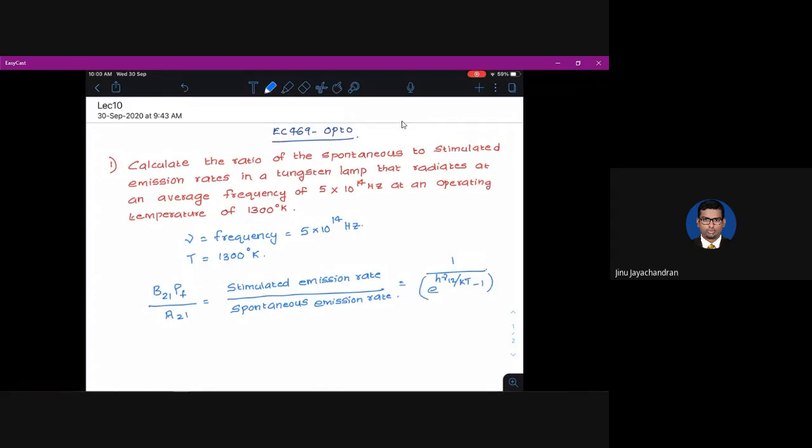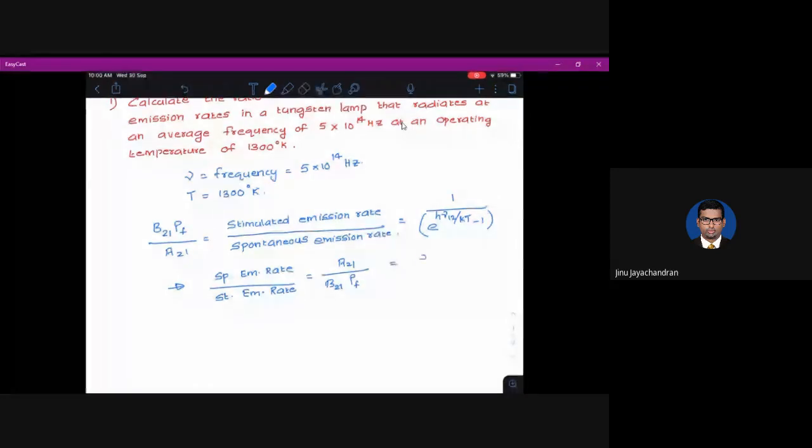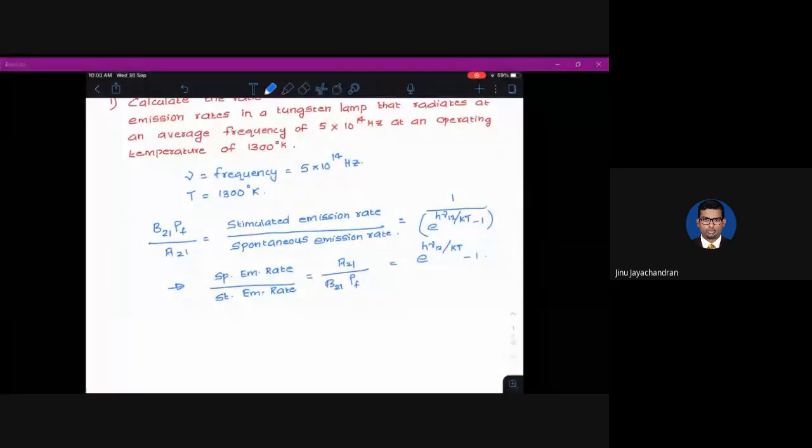But the question that we want to find is the opposite one, which is the spontaneous emission rate to the stimulated emission rate, which is equal to A21 by B21 rho F, that is e raised to h nu 12 by kT minus 1. Okay, now it is straightforward.